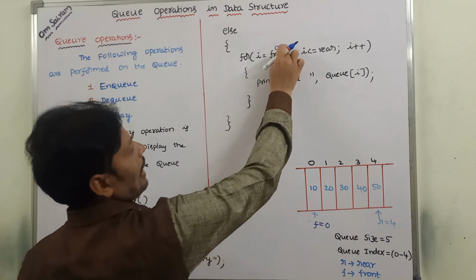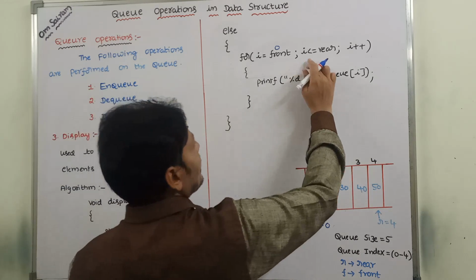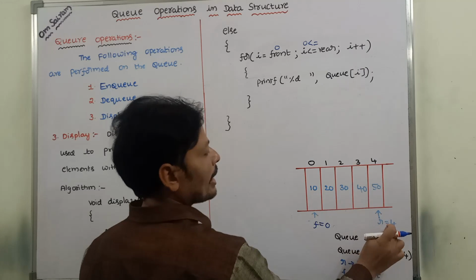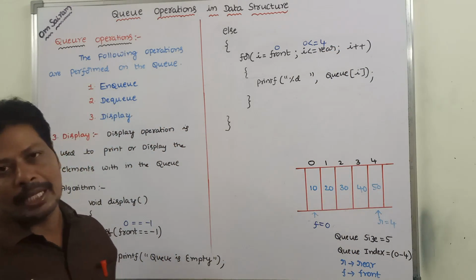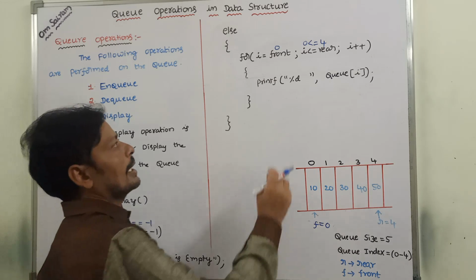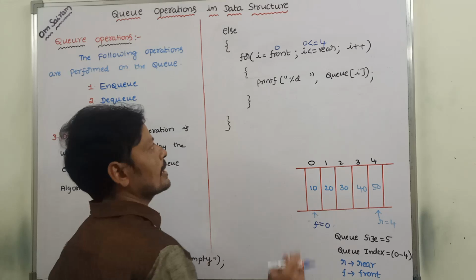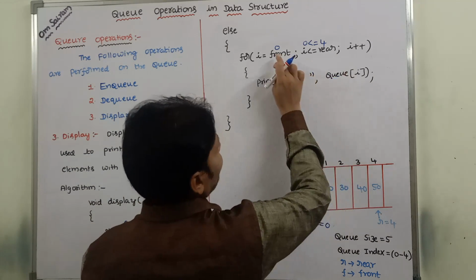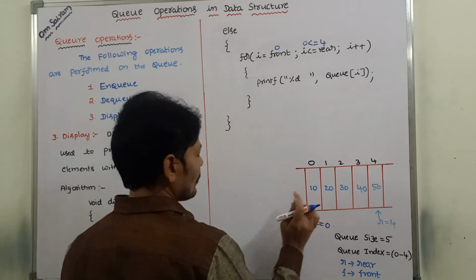Now i value is 0. i less than or equal to rear. 0 less than or equal to, what is the rear value now? 4. 0 less than or equal to 4. Condition true. If this condition is true, the statement within the body of the for loop is executed. Printf %d queue of i. i value is 0. Queue of 0 contains which element?